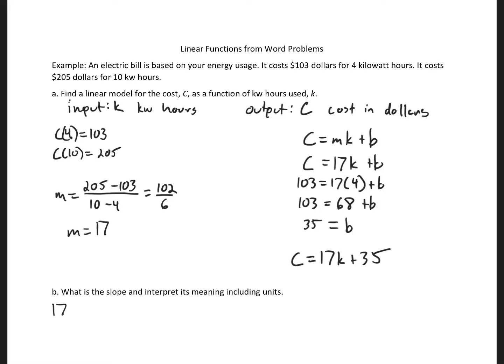So this tells me that the cost is increasing $17 per kilowatt hour. The units for any slope will always be output per input.